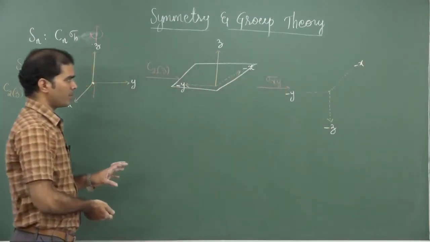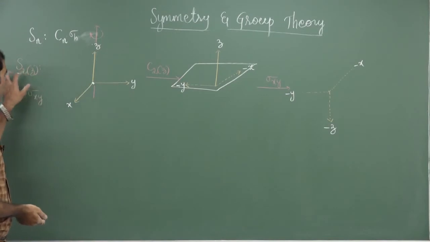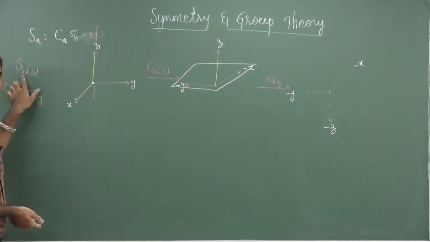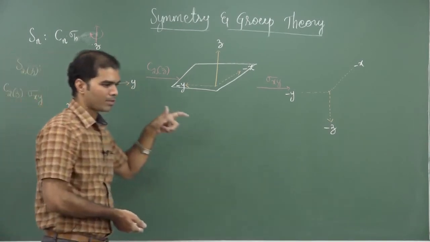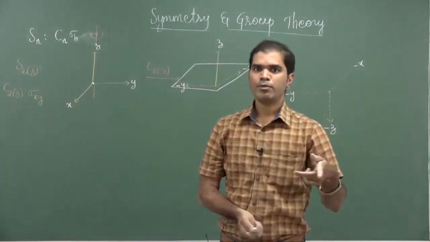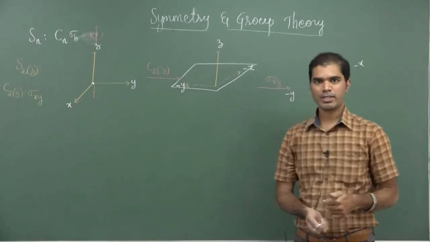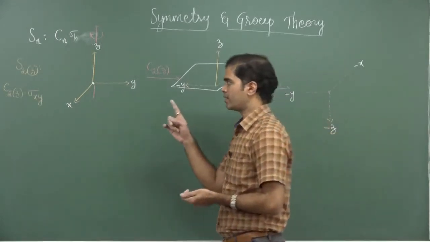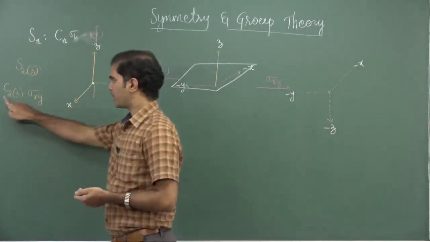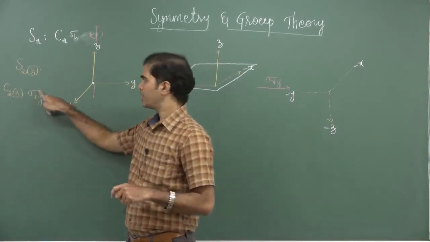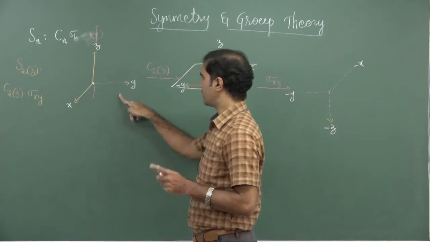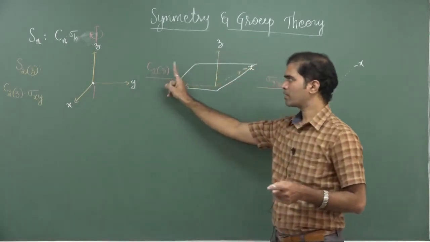What conclusion do we find? Whenever I am performing an Sn operation, one of the examples that I am choosing is S2 along z. When I say S2 along z, it is a C2 along z followed by a plane perpendicular to it. The plane perpendicular to the z axis is xy. So the final operation is a C2 along z followed by a sigma along xy. I have taken the 3 coordinates. Then I started to perform C2 along z.